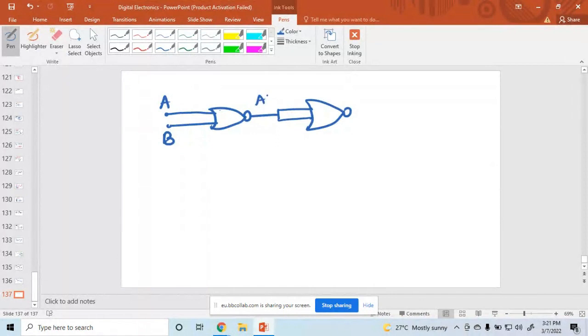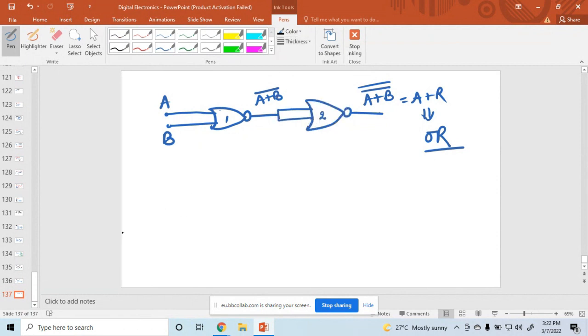What is the output here? A plus B bar, and then again an invert is connected. Output is A plus B bar whole bar, and this value is equal to, the bars cancel, A plus B, and it works like an OR gate. For the designing of OR gate, how many NOR gates are used? 2 NOR gates are used. Similarly, you can choose another logic gate.